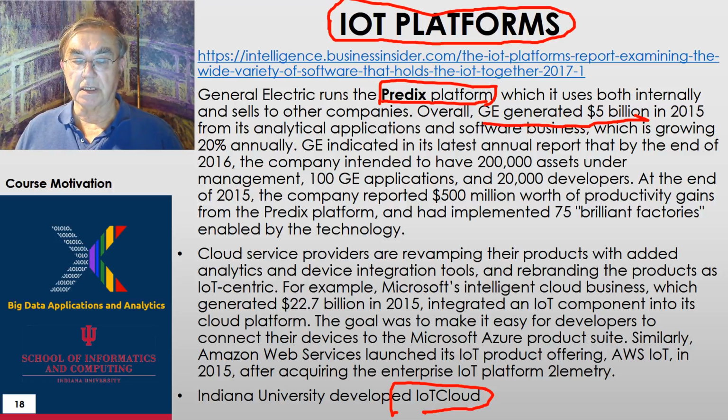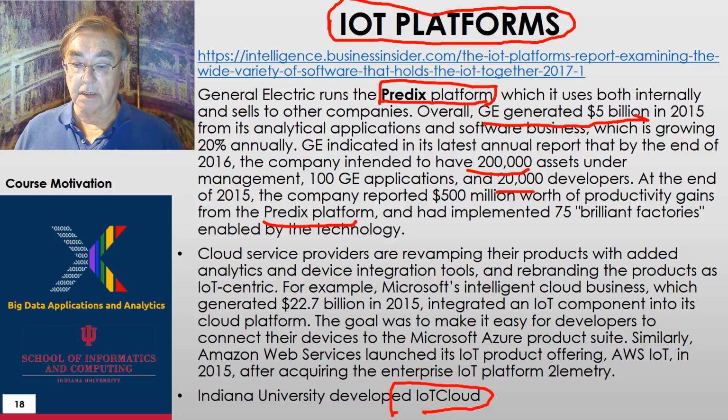There is an earlier slide that points out that GE engines produce more data than Twitter. So there are 200,000 assets being managed by systems like Predix, and they have 20,000 developers working on this problem. So GE, which is sort of the classic US engineering company, is a software company. And they found Predix gave them 500 million. So maybe we can get 10 cents from our platforms.